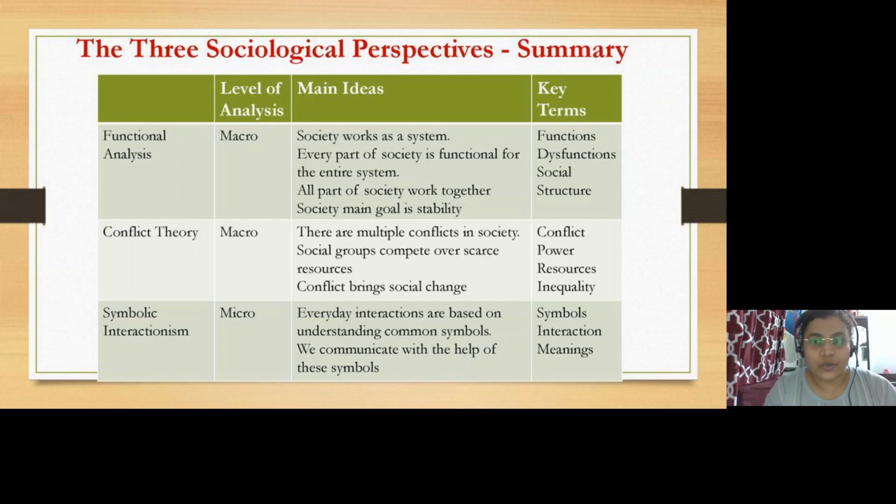Like if you go on the road and see red, green, yellow lights, nobody has to tell you what they mean. You can easily understand with the colors. We give meaning to those symbols and communicate them to the other person, and the other person, according to his understanding, gives meanings and passes it on. So we interact with symbols and communicate them according to our understanding. Key terms here are symbols, interaction, and meanings.